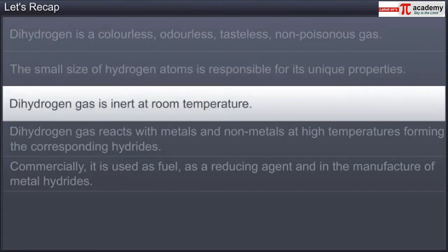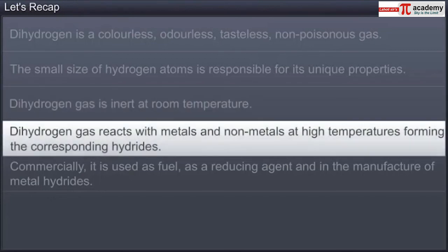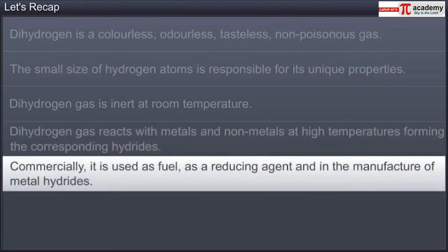Dihydrogen gas is inert at room temperature. Dihydrogen gas reacts with metals and non-metals at high temperatures, forming the corresponding hydrides. Commercially, it is used as fuel, as a reducing agent, and in the manufacture of metal hydrides.